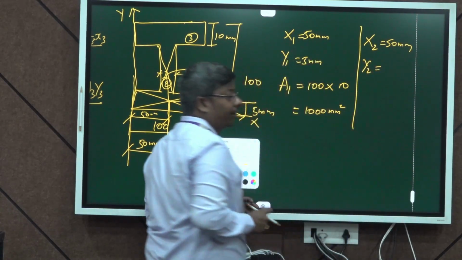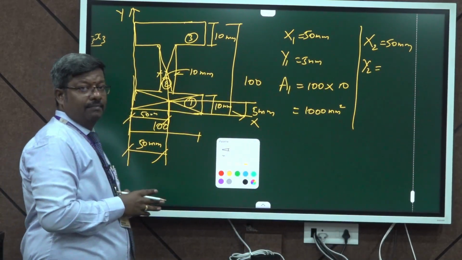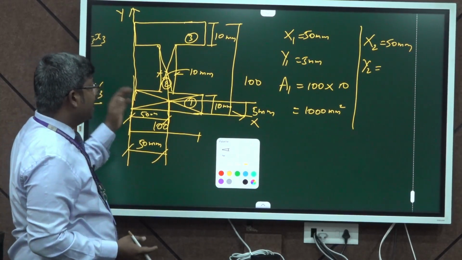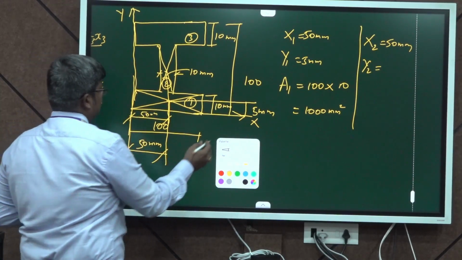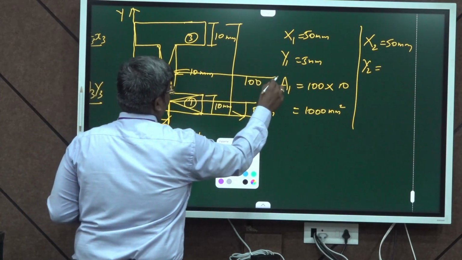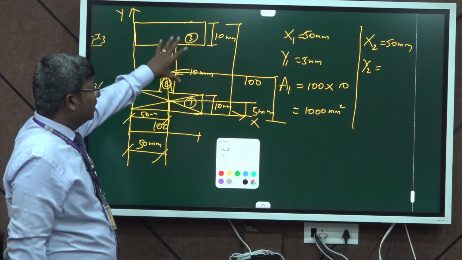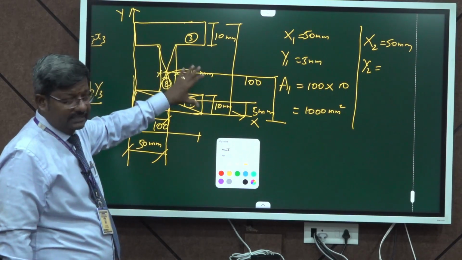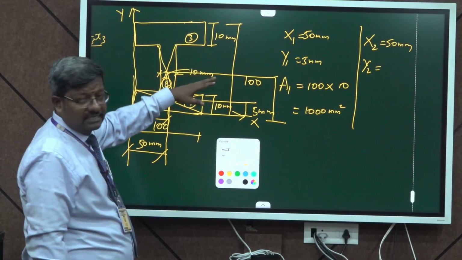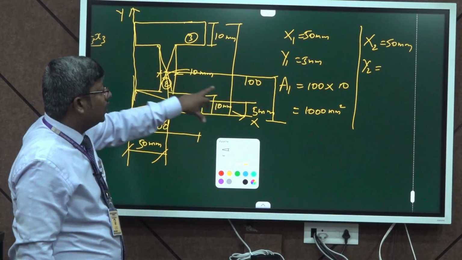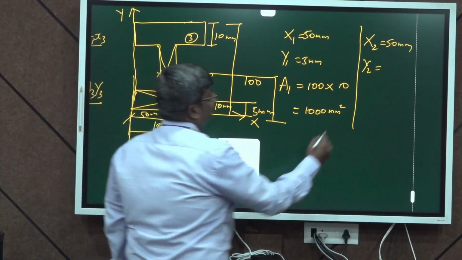Now, I am going to find y2, which means the center of gravity of the second portion about the y axis from the reference axis x. This will be half of the entire depth of the section. The total depth of the section is 100 mm, which is given in the figure itself. So, the y2 value will be 50 mm.